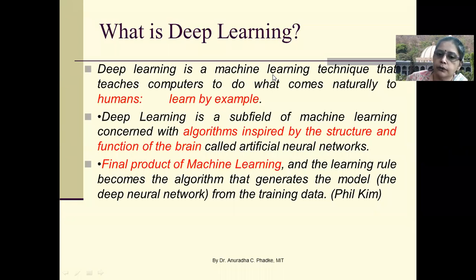The learning rule becomes the algorithm that generates the model from the training data itself. In deep learning, what is important is that we should have an ample amount of examples. Only then can we go for deep learning, and your trained deep learning network will give you the desired performance if you have a sufficient amount of training samples.